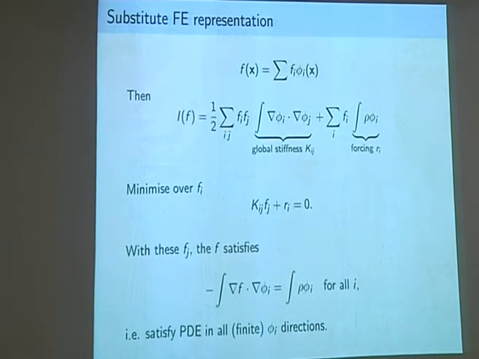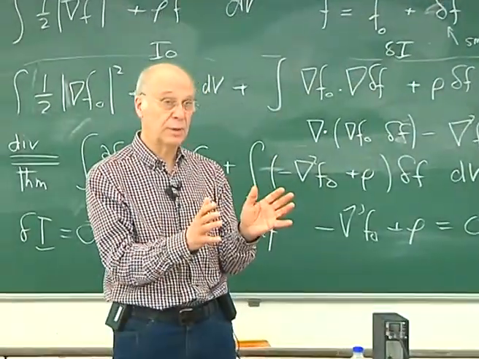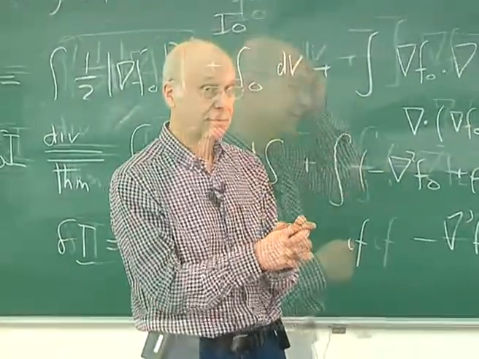So I'm living in a vector space, and the possible variations are given by the directions of each basis function. And I'm saying the residual in the equation has zero components in the directions that I can talk about, which are the basis functions.